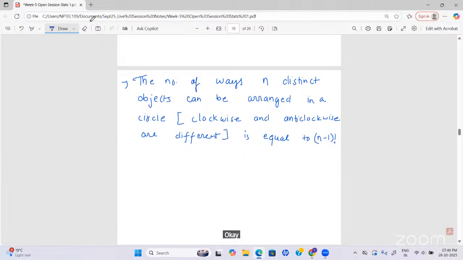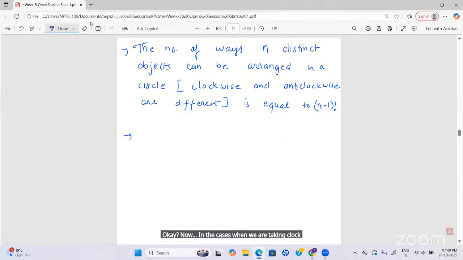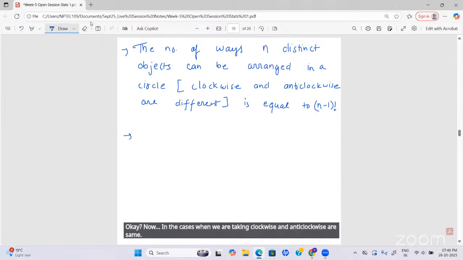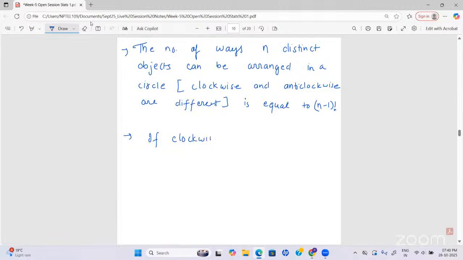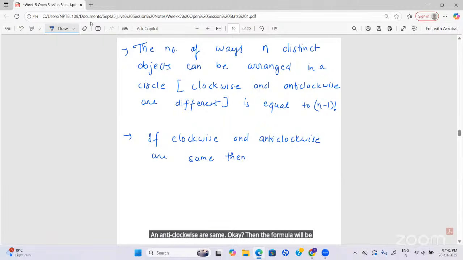Now in the cases when we are taking clockwise and anti-clockwise as same, the formula will be half of the previous one.